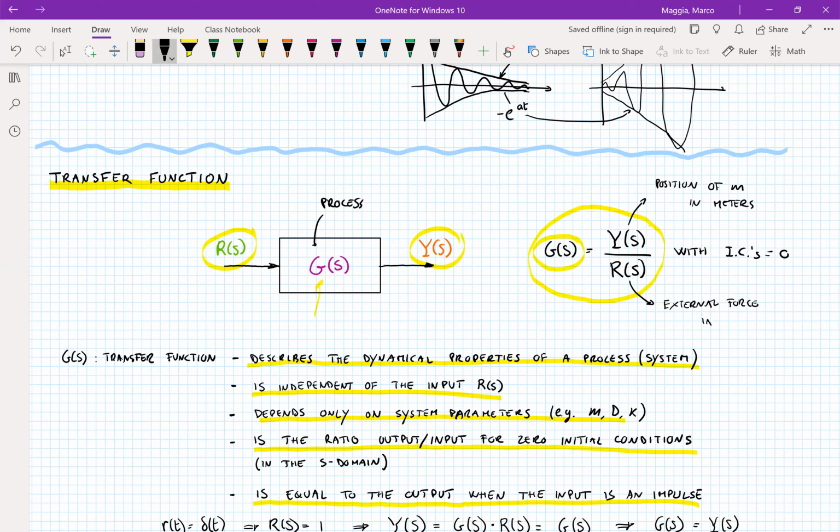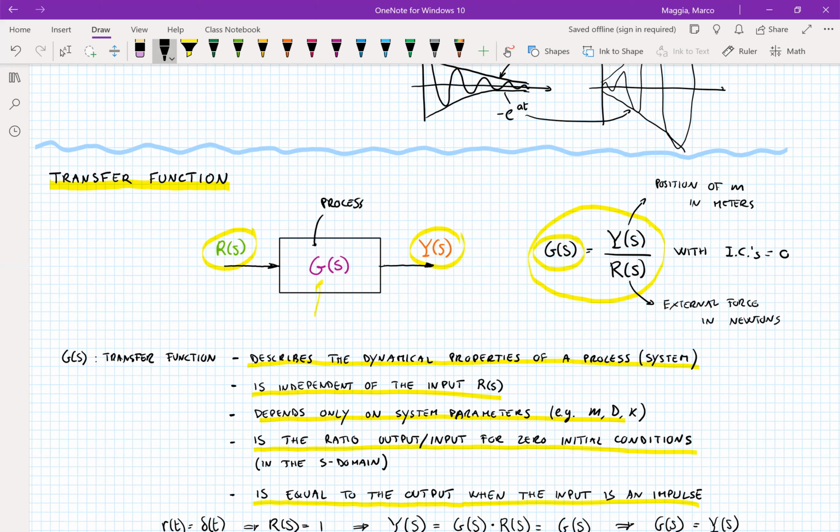So, of course, the external force is measured in newtons. So the transfer function converts newtons to meters in this case, but it can also be dimensionless if the output and the input are the same.